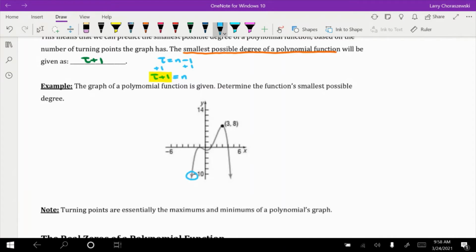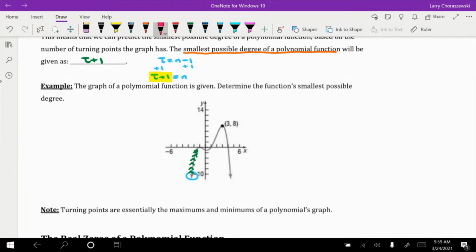Let's maybe start that out by seeing where the graph is increasing and decreasing. So going from left to right, starting at the left end of the graph, if you trace your finger along it, you get a part of the graph that's increasing until you get to what looks like an x-intercept here.